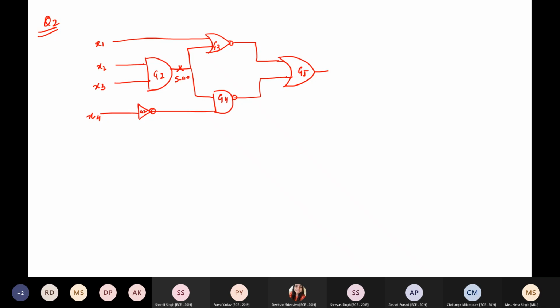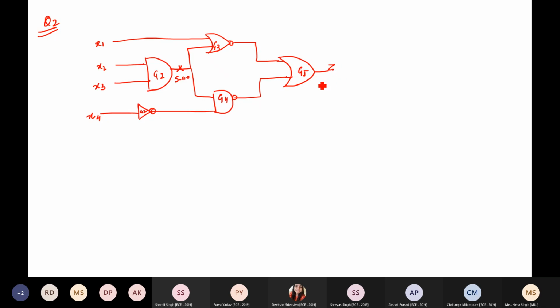Now Boolean difference you can simply do: you can find the expression here, put the values of this output, that is x2 and x3, as 0, and then analyze to find the faulty value at this wire, let us say the output Z.